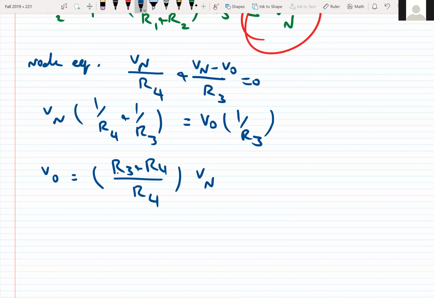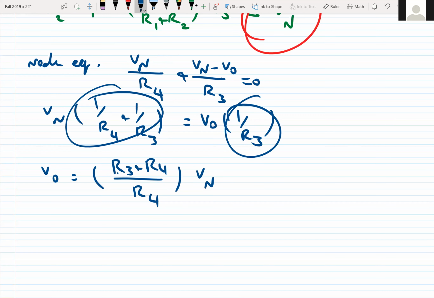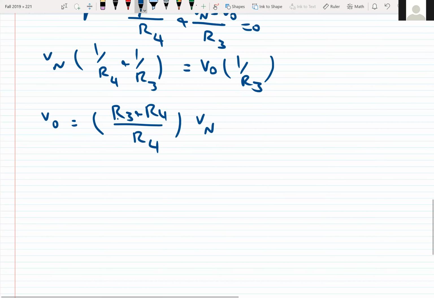I multiplied both sides of the equation by R4 and R3, and it gives this result.